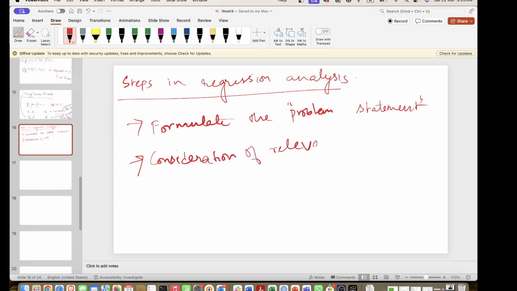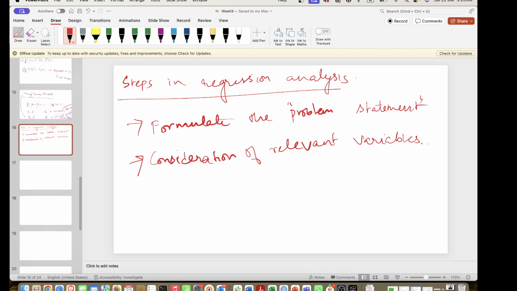So this is also a very important step, that consideration of relevant variables. Now I should tell you that oftentimes the relevant variables may also depend on the domain of study.